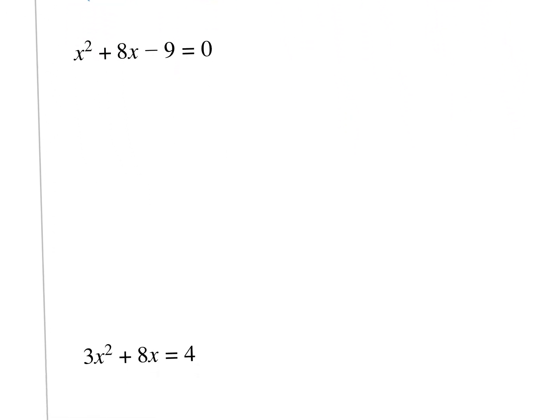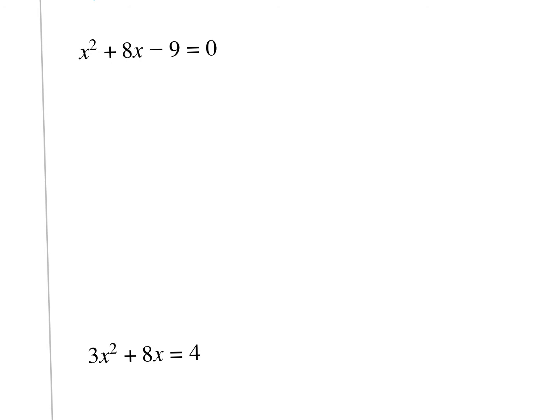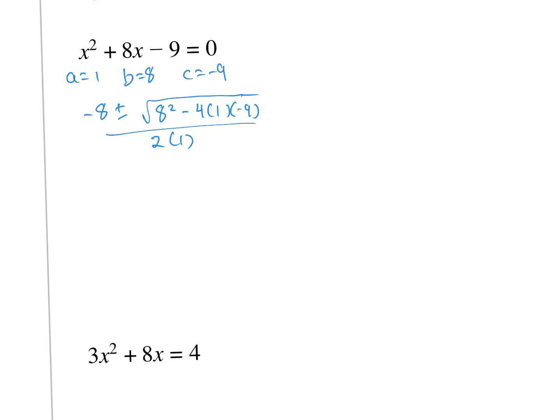Here, the second one, using the quadratic formula. Exact same equation. My a is 1, b is 8, c is negative 9. Plug that back into the formula. Negative 8 plus or minus the square root of 8 squared minus 4 times 1 times negative 9, divided by 2 times 1.